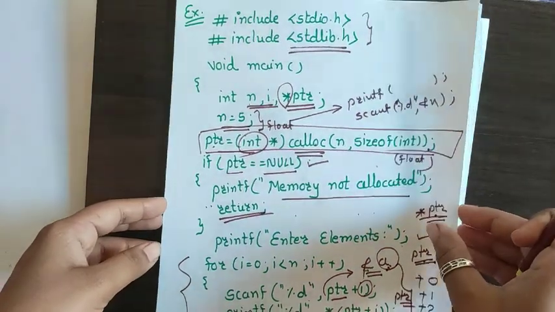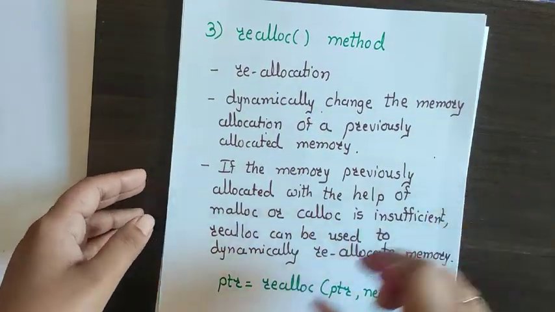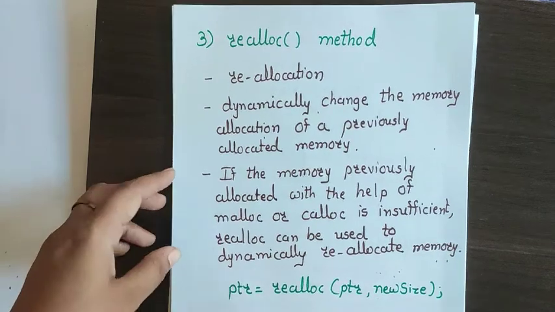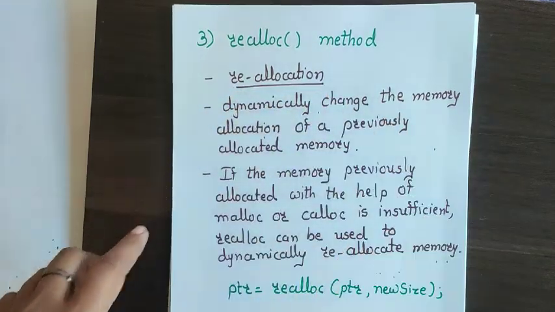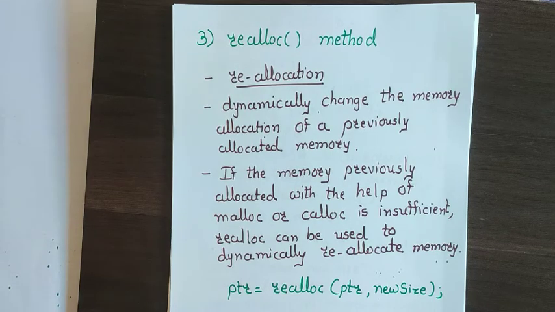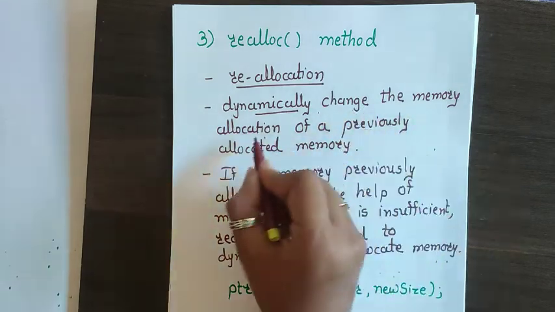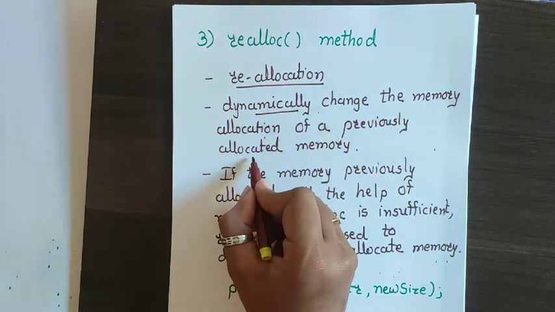Now next we have realloc, the reallocation method. Realloc stands for reallocation. Why is it used? It is not used for allocation of memory. It is used to change the memory allocation I have already done. It will dynamically change the memory allocation of the previously allocated memory.